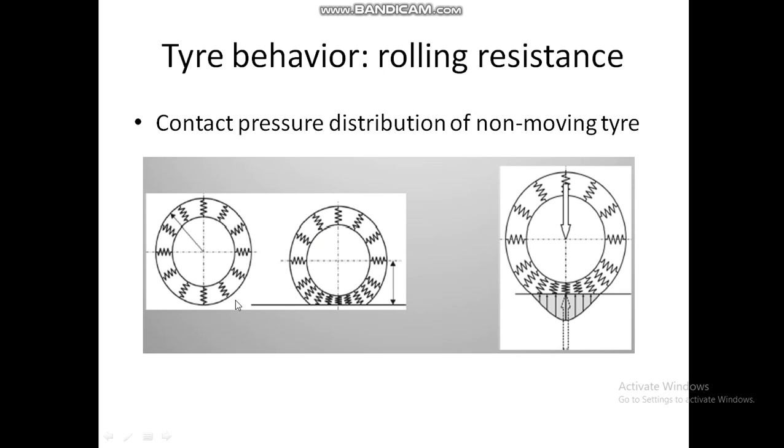This spring is compressed and this spring is free, and this is the total load diagram of the tire on the earth surface. This reaction denotes the reaction force of the ground surface in the opposite direction. So this is the weight W, or the opposite reaction from the vehicle weight.